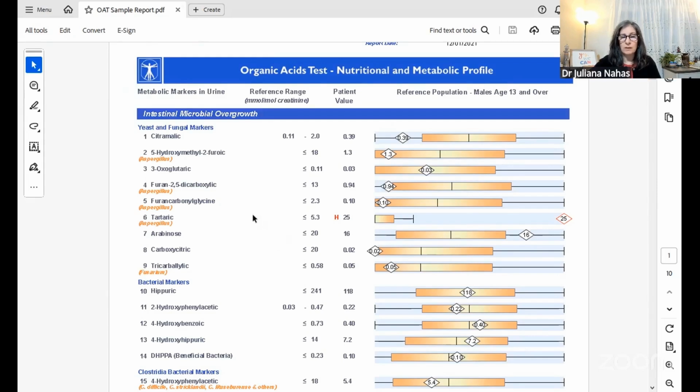They're going to be more elevated. And actually, Mosaic has another test that's a mycotox test, also a urine test, which is specific to all the toxins that are found in exposure to mold. So I'd like to do both of those tests, but for tonight's purpose, we're just going to focus on the organic acid as a screening test.